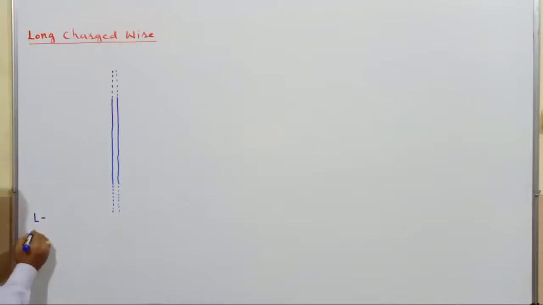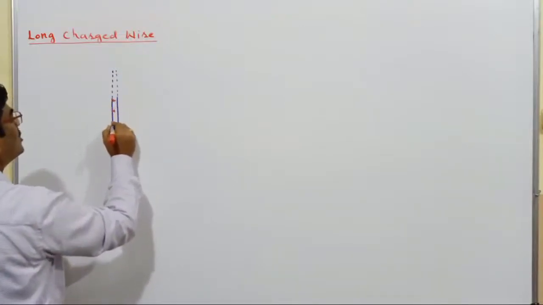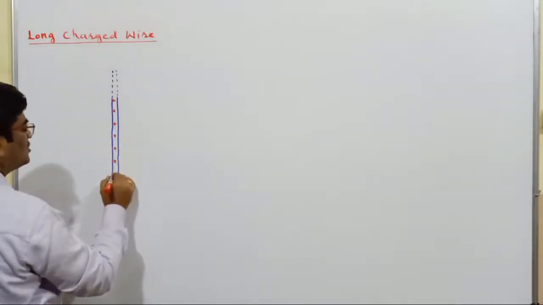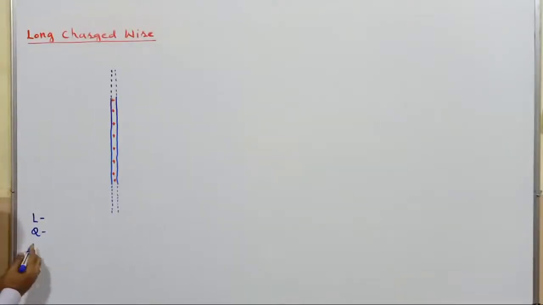And to this long wire, I have charge given as Q that has got distributed uniformly over that wire. So as to have linear charge density, you can work it out.